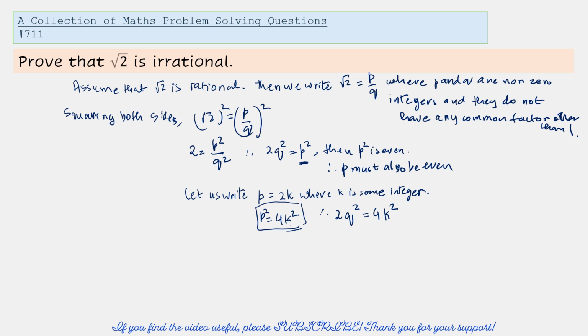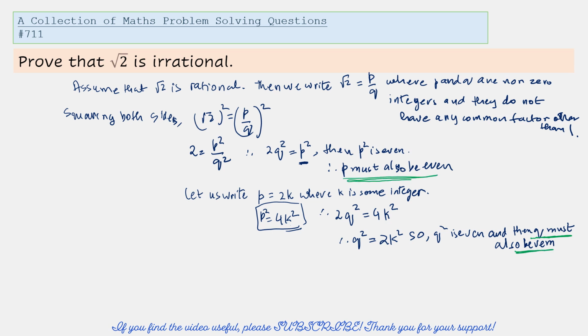So 2q square equals 4k square, and therefore q square equals 2k square. So q square is even, and then q must also be even.